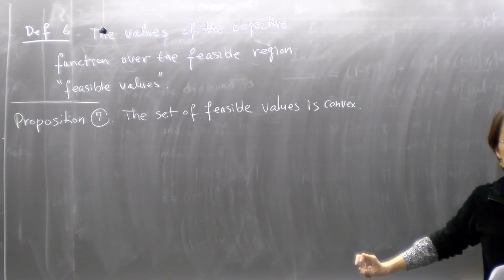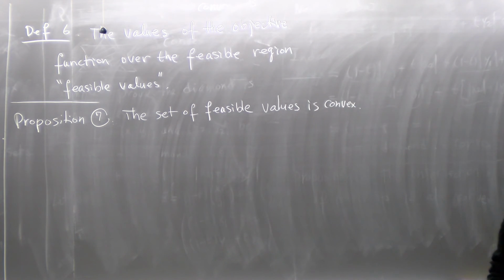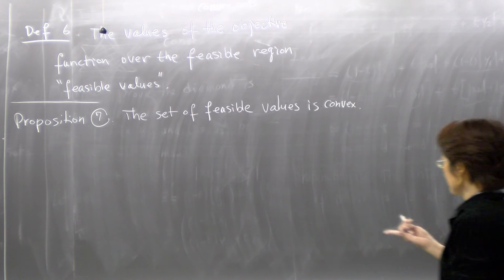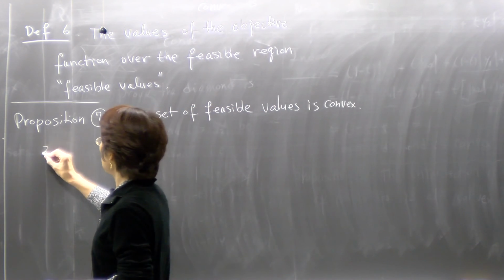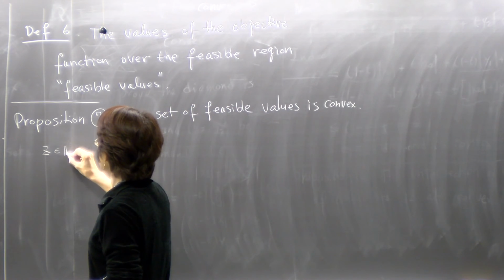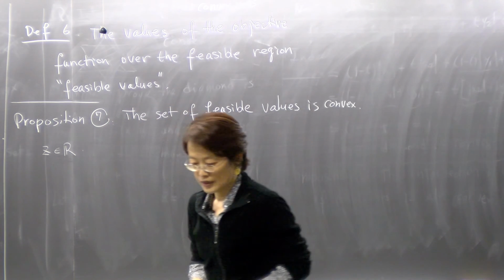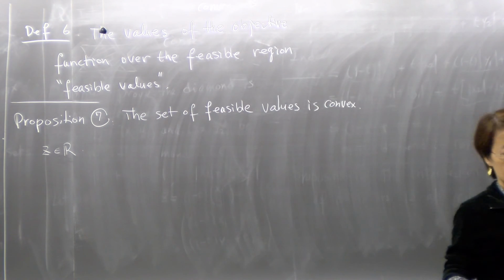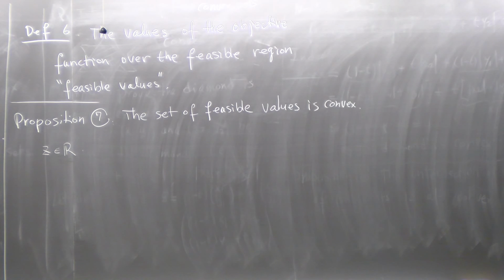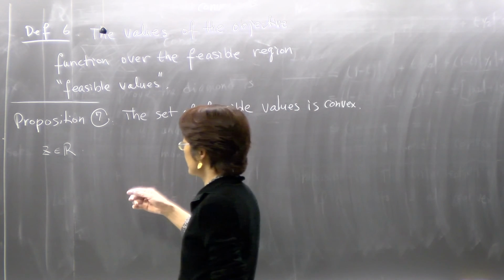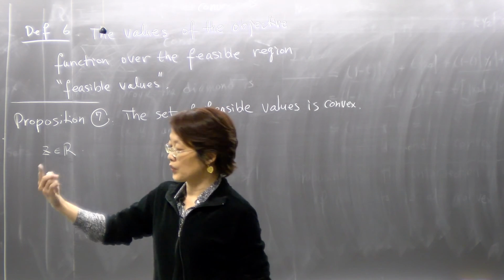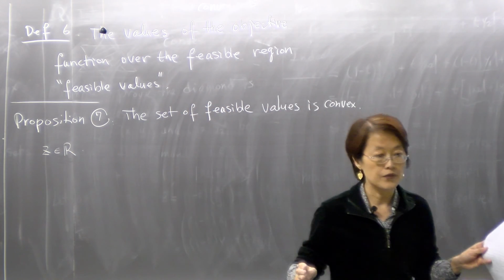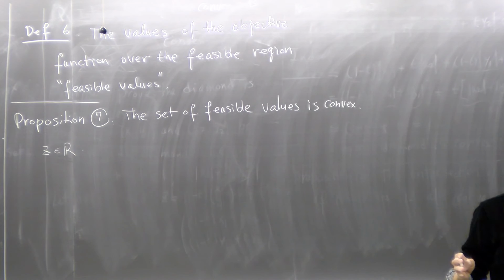Is that right? If you say that set is convex, what does it mean? You have just one value, z, a real number in R, and then you say it has to lie in a convex set. So let's think. We already saw in one example that an interval is a convex set, right?